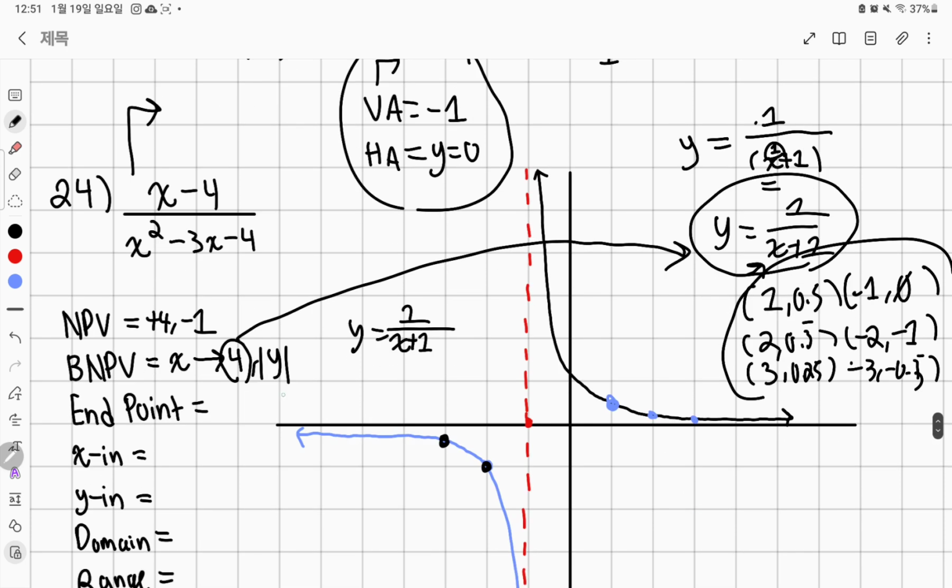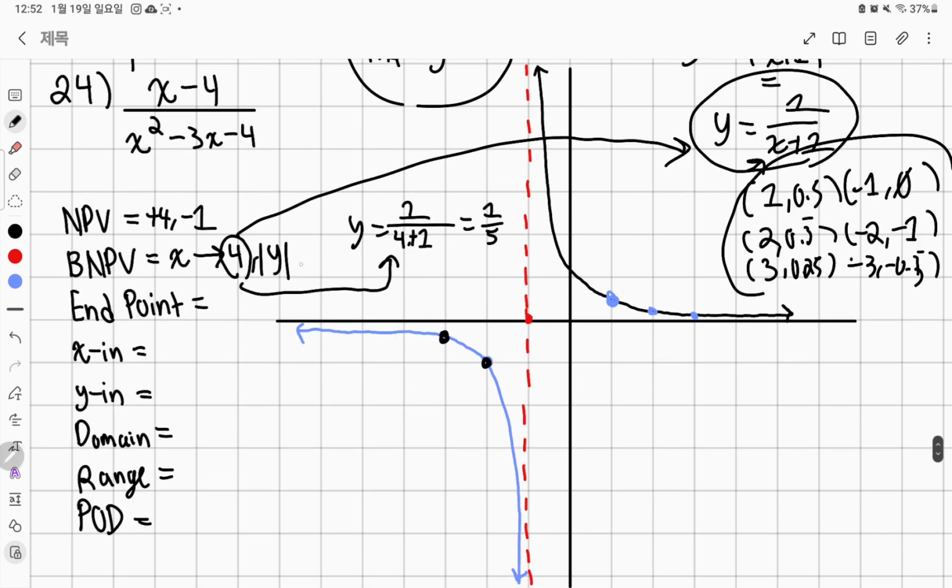If I plug this 4 in here, it will be 1 over 5, which is 0.2. Y will be 0.2. Make sense?